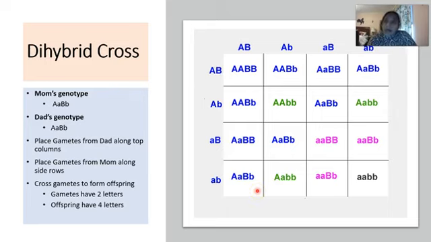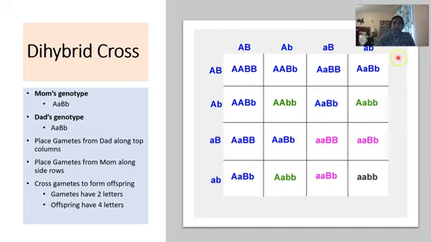Now for the dihybrid cross, again, the Punnett square works the same way, but it is a lot more complex. So there are 16 different genotypes to examine. Some of them are going to be the same. So you put all 4 gametes on both sides, one for the mom, one for the dad. In this case, both mom and dad were heterozygous at both loci, so you have the same four gametes, and then you fill it up by going up and across exactly the same way as you would with a monohybrid cross.